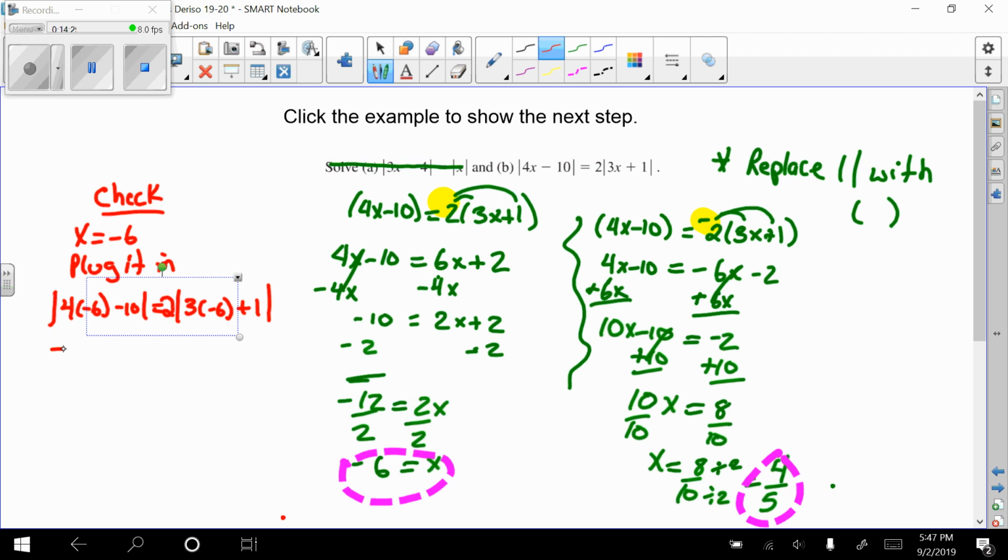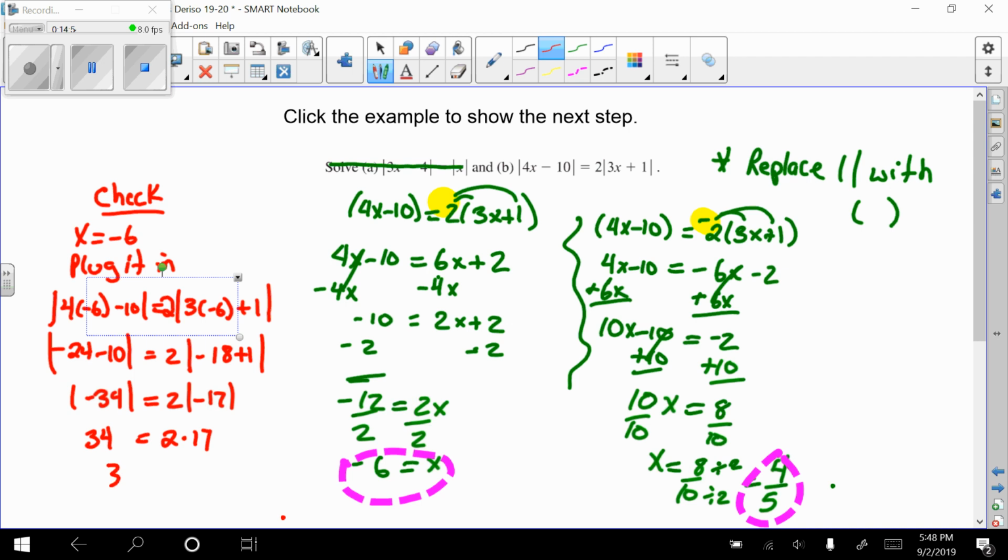This becomes negative 24 minus 10 equals 2 times negative 18 plus 1. Simplifying a little more, negative 34 equals 2 times negative 17. Now when it comes out of the absolute value sign, it's positive. So 34 equals 2 times positive 17. 34 equals 34. That solution works.